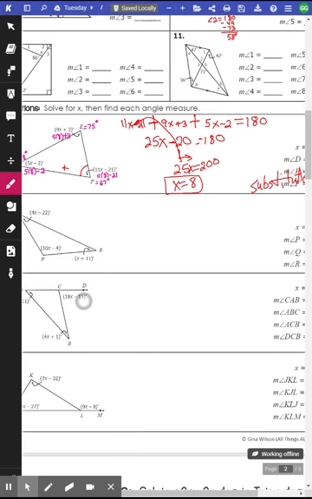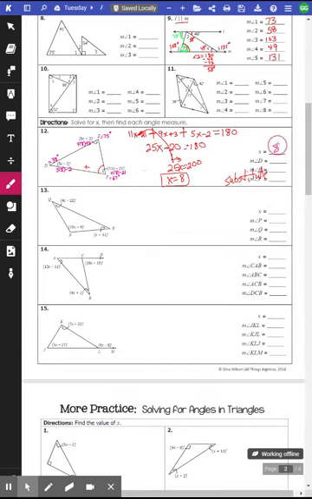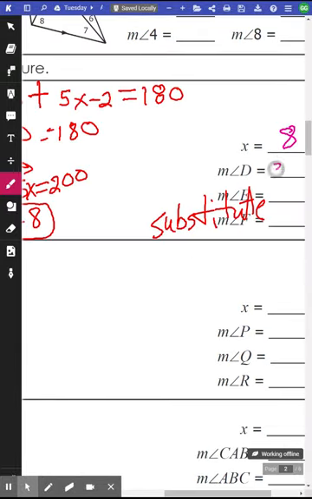So we have all our answers. We have 8, we have 38, we have 75, and then we have 67.